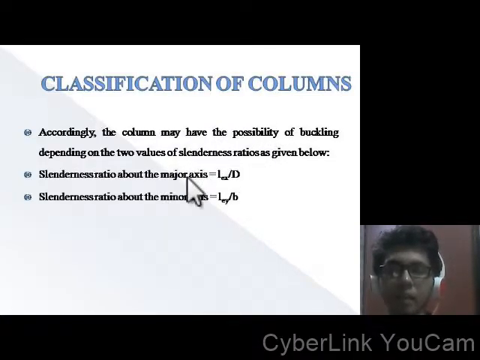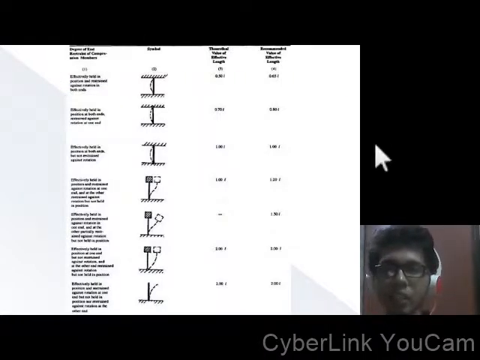That is, we will have a slenderness ratio about the major axis as well as about the minor axis. Along the major axis it will be Lex by D, while along the minor axis it will be Ley by B. We said that there is a relation between the effective length and the unsupported length, that is Le is equal to KL.